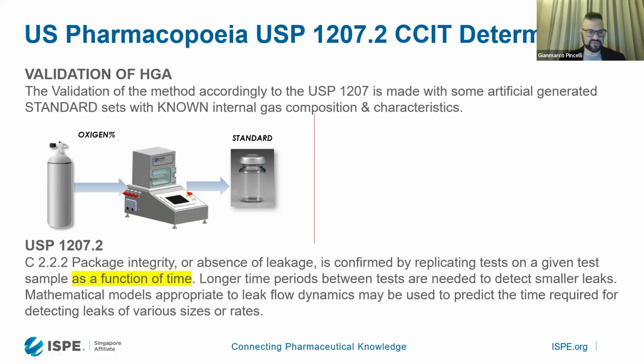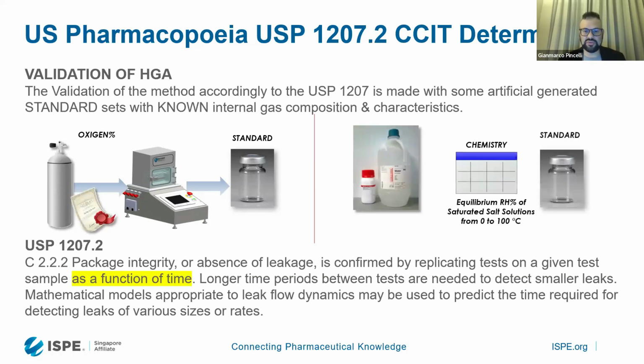So we put on the machine, for example, the 0.5%, the 4% and 10%, and we check the result of the machine. As well for the humidity, we use chemistry, so we use some saturated salt solutions in order to generate the standards with a certain controlled level of humidity inside.